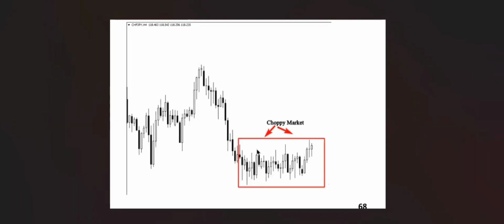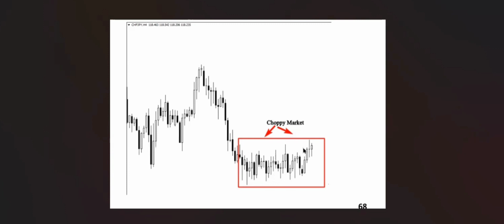This type of market can make you feel very emotional because it lacks momentum, lacks movement, is very slow and lacks direction. And you find a lot of noise in this kind of market condition.